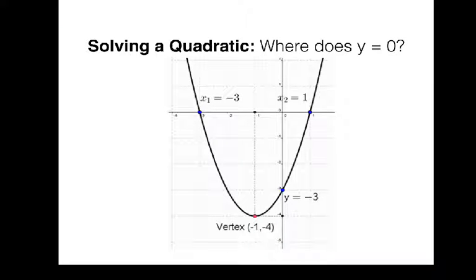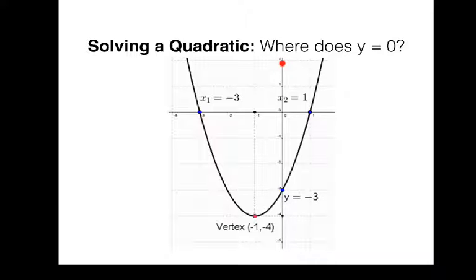Hello friends, the entire idea of this video is to solve a quadratic. And what does that mean? It means when I solve a quadratic, I'm asking the question, where does y equal 0? On a graph, the best place to look is where y equals 0.